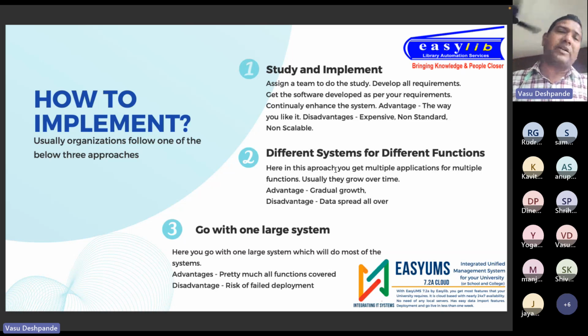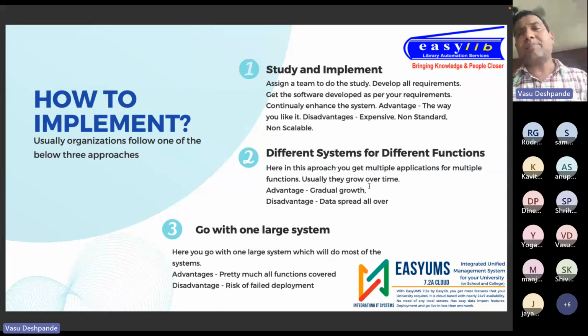You know what the advantage of this is? Each of the functions could be very specialized in that area. That is the major advantage. One system only does that, which is pretty good. Another system only does this, which is pretty good. But the problem with the second approach is that your data is spread out across 5 or 6 systems, and in some places 20 to 30 systems.